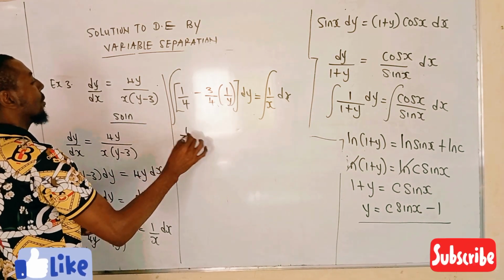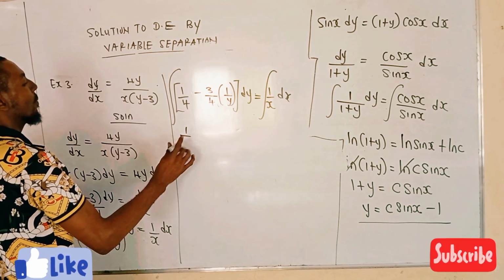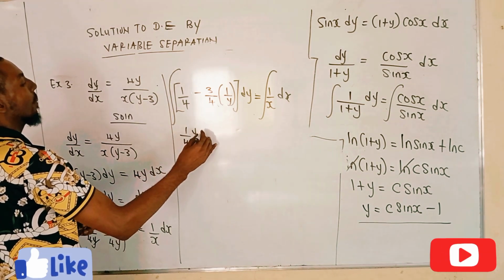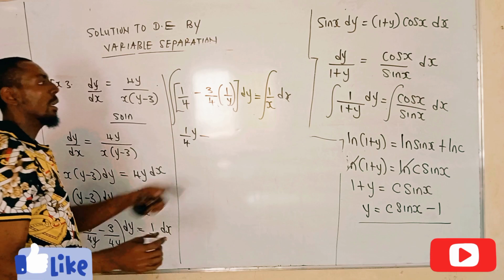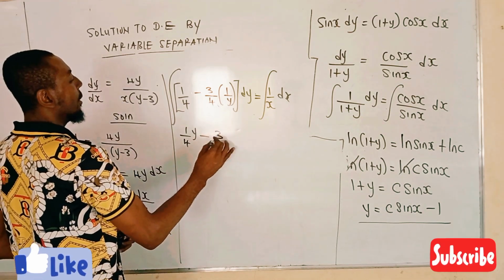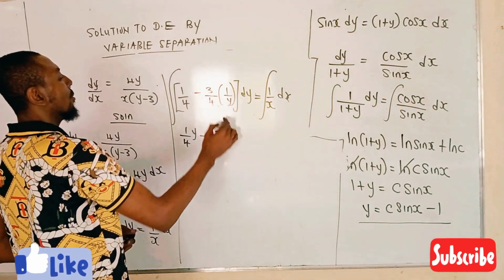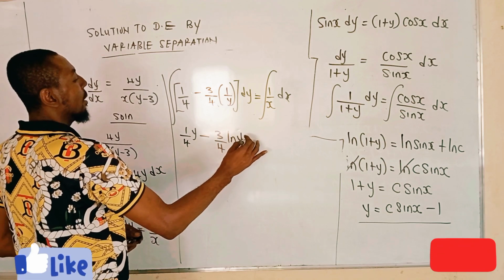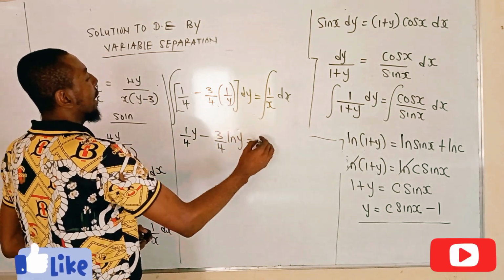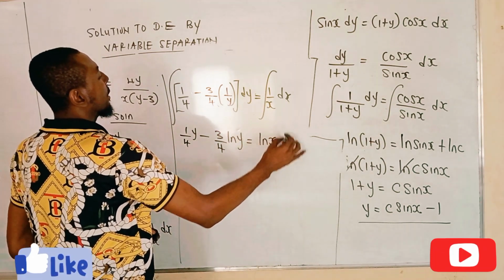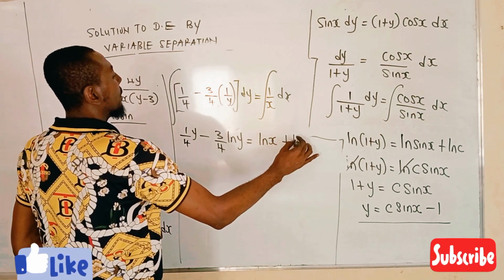So you can have 1 over 4 y minus the integral of this, which is 3 over 4, and the integral of 1 over y is ln y, equal to the integral of 1 over x, which is ln x plus ln c.